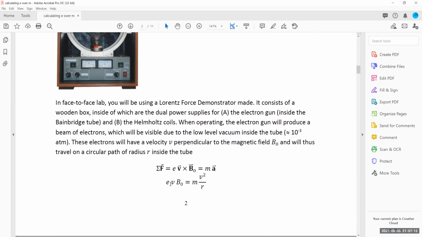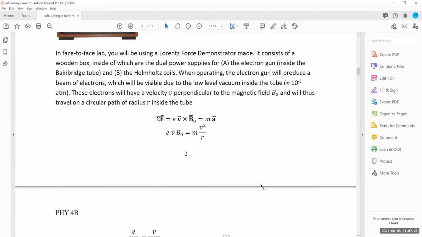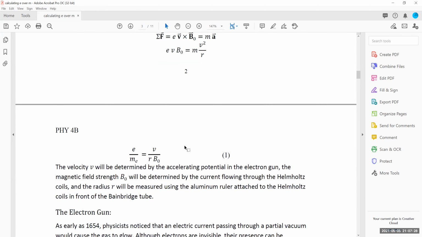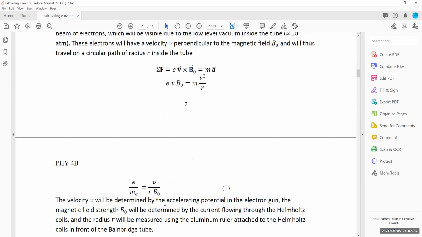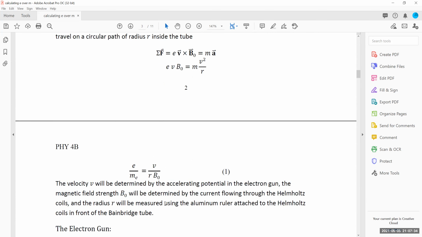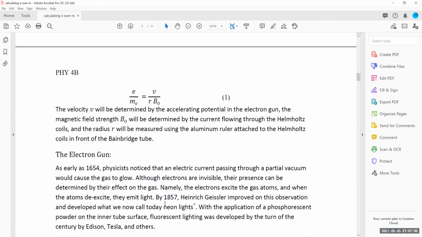Cancel the velocity, and you end up with a ratio of B over R, which is omega, the angular frequency. That is actually the cyclotron frequency, which we introduced in the first topic. And the ratio of e over m can be written in terms of omega over B naught. So that is one way of finding it.